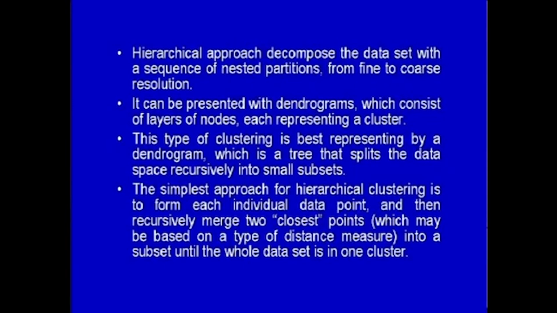The simplest approach for hierarchical clustering is to form each individual data point and then recursively merge two closest points, which may be based on a type of distance measure, into a subset until the whole data set is in one cluster.